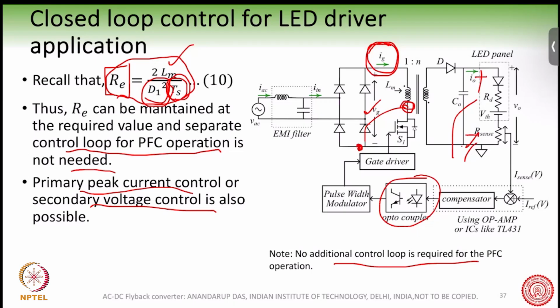But if you sense from the primary side, they have the same ground. So this is something that can happen. There are several possibilities and one must refer to what type of control one should use.